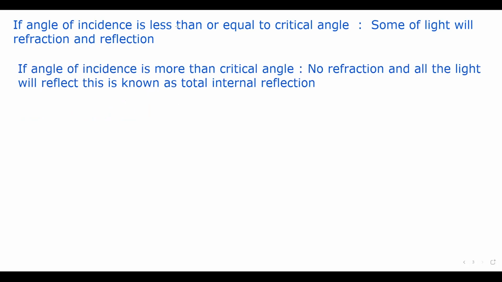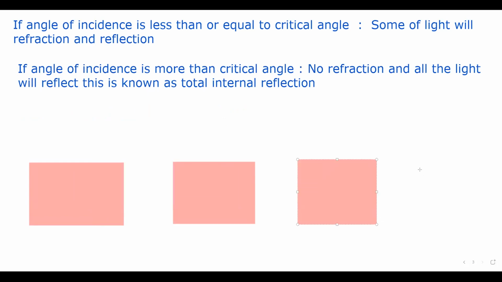And the critical angle, in most of the questions when you solve them, you will find the critical angle is 42, but it is not fixed at 42. It can vary. Most of the materials they provide have a critical angle of 42, but it varies from material to material. So for example, we have 4 different cases, and the critical angle is given. For example, the critical angle is 42.